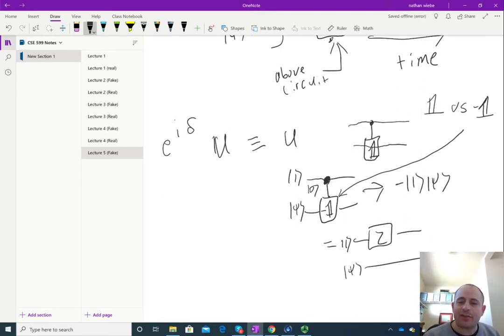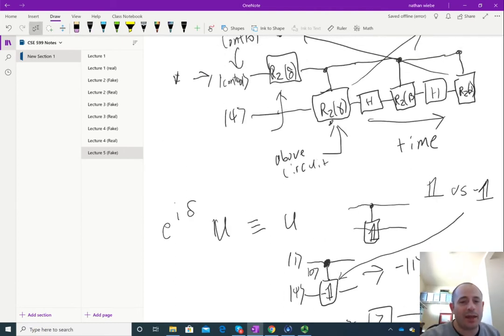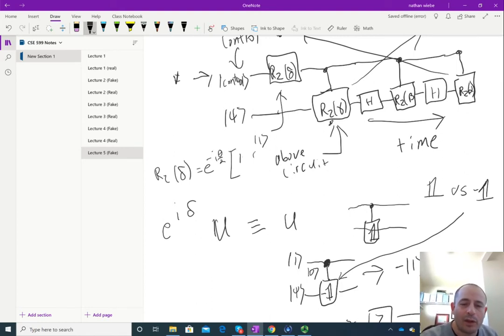So that's the reason why we want to apply e to the i delta, but we only want to apply e to the i delta when this is 1. And Rz of delta up to a global phase is, well, okay, I'll write in the global phase explicitly, is e to the minus i theta over 2 times the matrix 1, 0, 0, e to the i delta. So if we want to get the e to the i delta coming through when the control qubit is 1, Rz of delta will do that, up to a global phase.